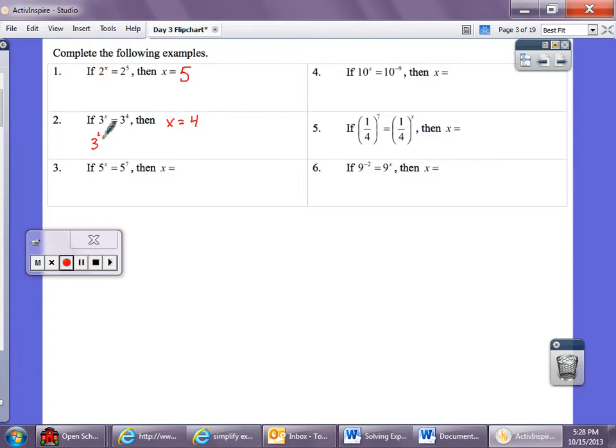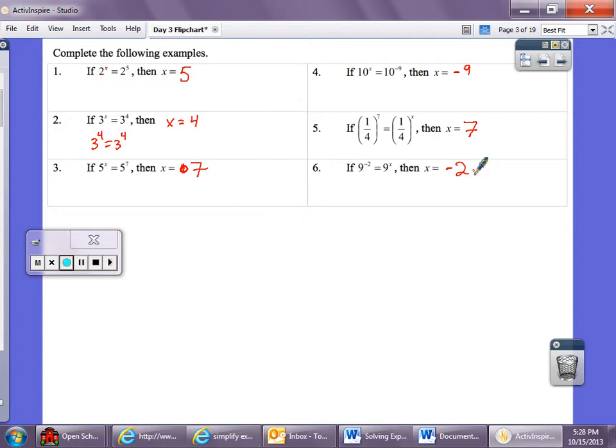And if 5 to the x equals 5 to the 7th, then x should equal 7. And if 10 to the x equals 10 to the negative 9th, x should equal negative 9. 1/4 to the x equals 1/4 to the 7th, x should equal 7. And if 9 to the x equals 9 to the negative 2nd, x should simply equal negative 2.